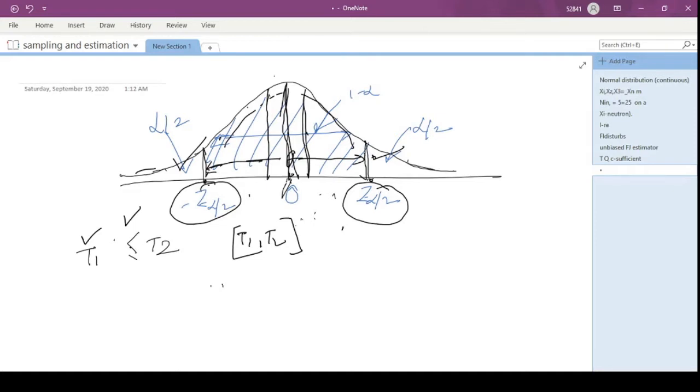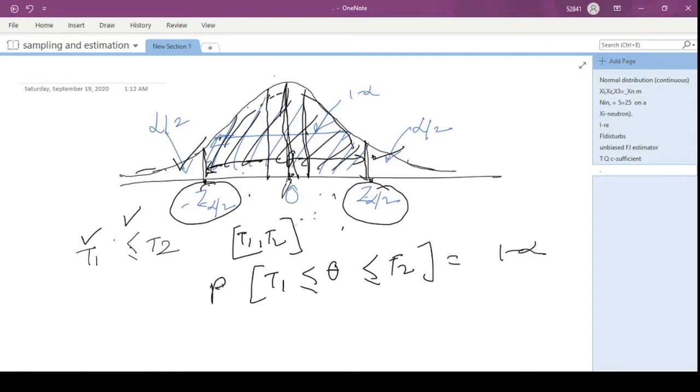That is represented as the probability that T1 is less than or equal to theta is less than or equal to T2 is 1 minus alpha, because this area is 1 minus alpha, T1 is this point and T2 is this point, which we have marked as negative z alpha by 2 and z alpha by 2.